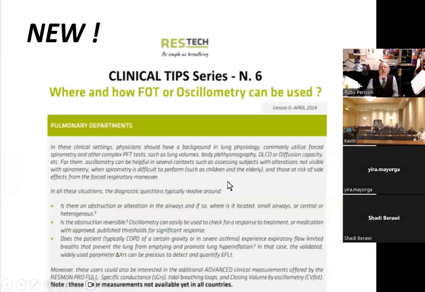And the last but not least, we just published it, and it goes to our users every month, a new clinical tip document that by disease tells you how to use it. So in pulmonary departments, you will be able to answer the question, is there an obstruction or an alteration in the airways, and where is it? Is the obstruction reversible?